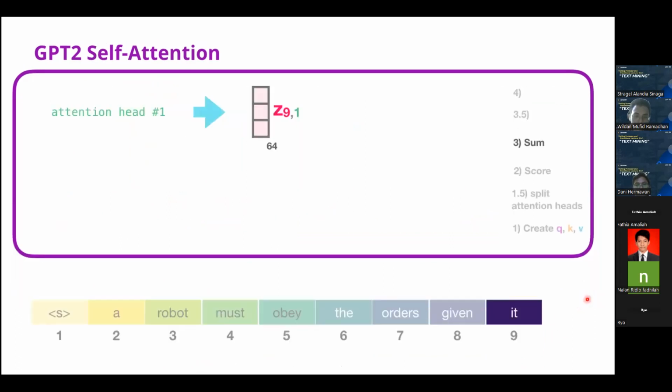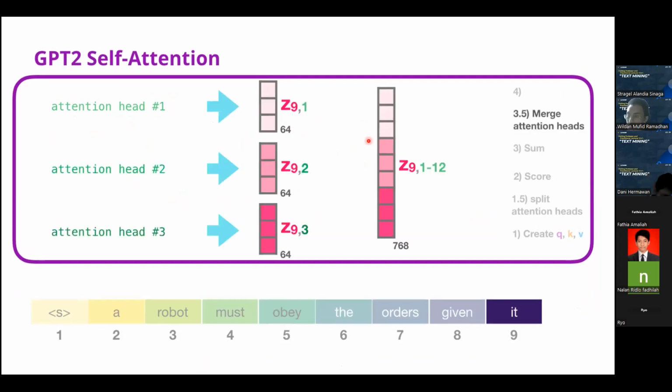By multiplying each token's ratio and its value, we can get Z91. Then we concatenate all heads' Z vectors, resulting in the final Z vector, Z9, 1 to 12. So this is the result of concatenating the results of all heads.